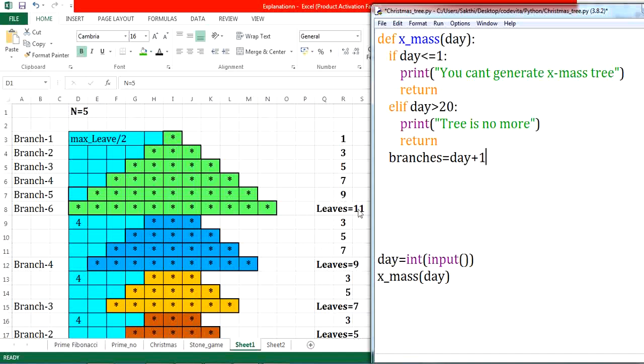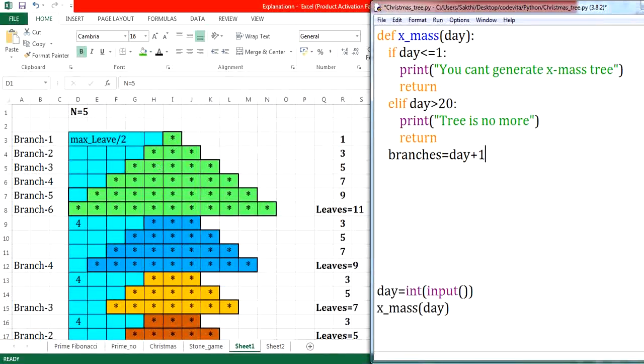How can it be calculated? Your maximum leaf can be calculated based on your days. What is your day? Your day is 5, right? 5 into 2 plus 1. That is your maximum leaf. Let me declare max leaf.